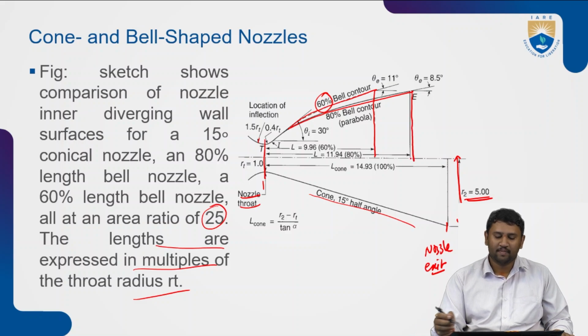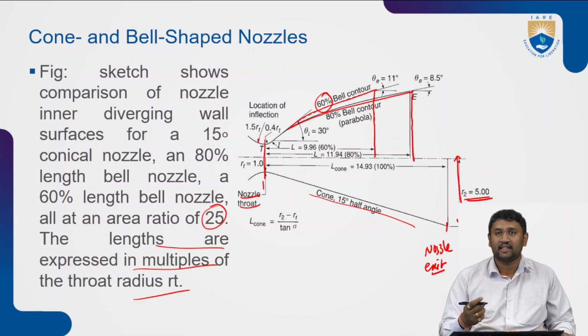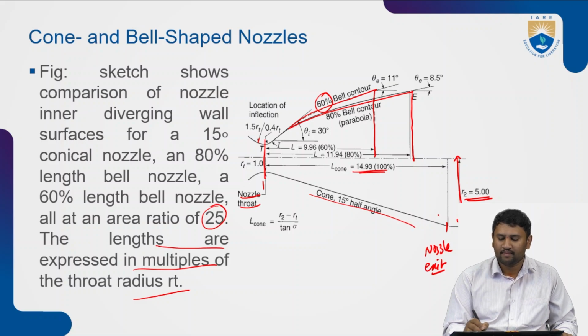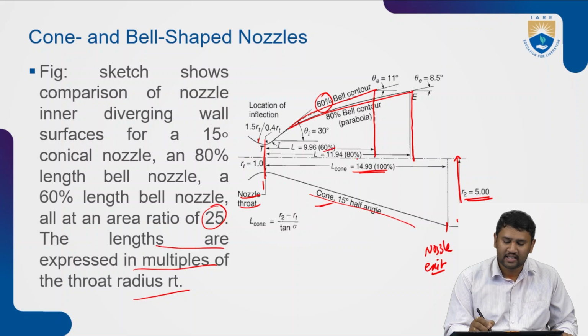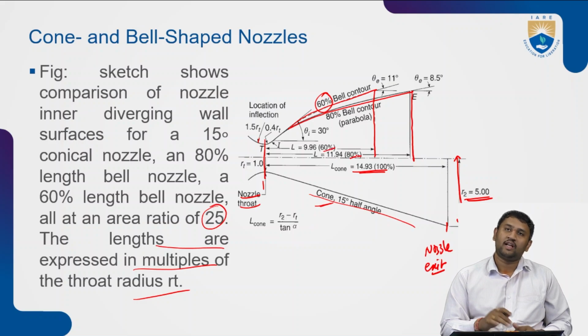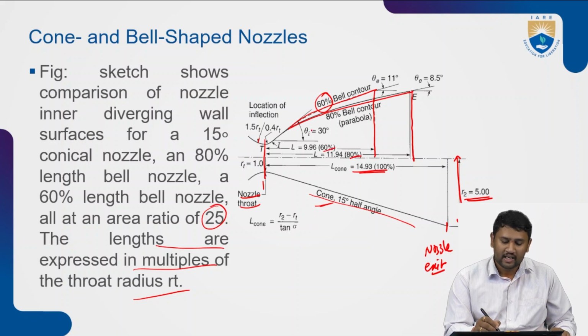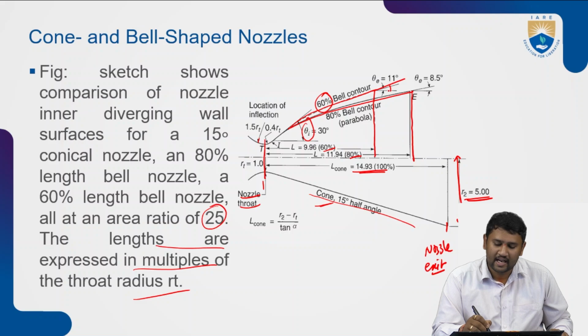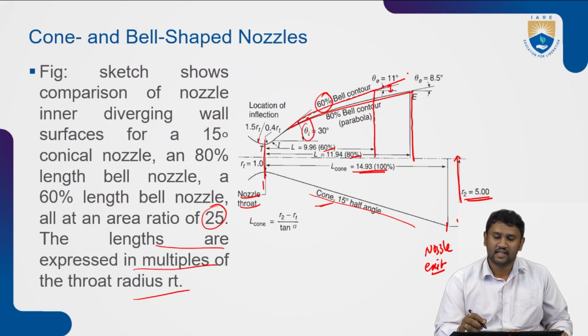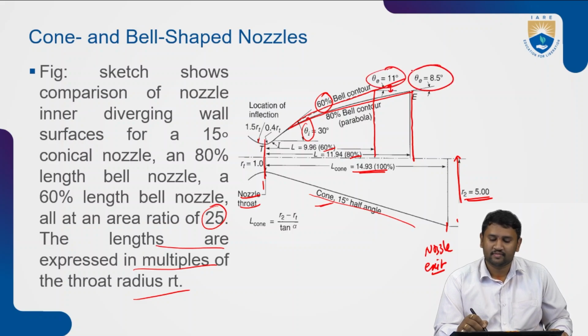Now in this case, the length from my cone gets reduced to either 60 or 80% of the overall length. That defines my incidence angle, and the angle between these two is called the nozzle exit angle.